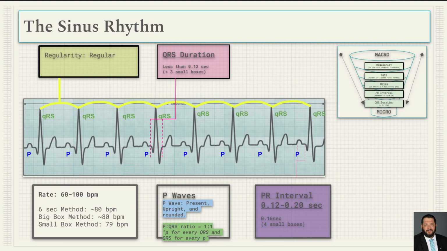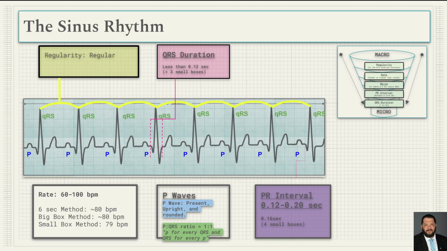Note the name of the rhythm, normal sinus rhythm. Sinus means it should originate from the SA node. And to confirm this, we need to look more closely at the waves. In a normal sinus rhythm, we should have P waves that are present, upright, and rounded.